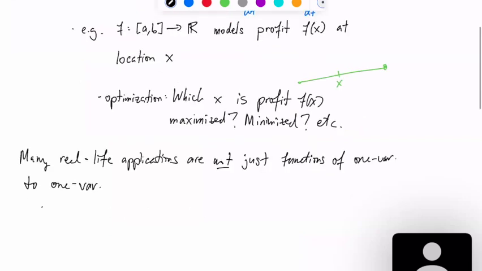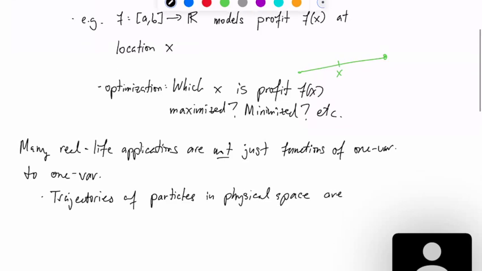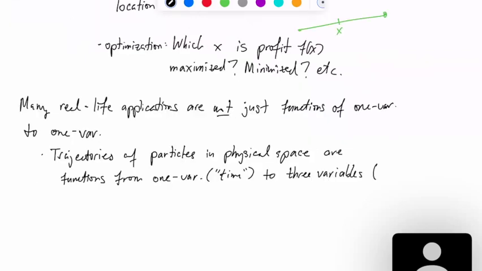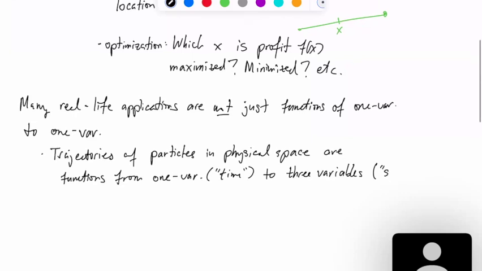So, for example, trajectories of particles, roughly speaking, are, in physical space, functions from one variable, which should be thought of as the time variable, to 3 variables. So this is in space. Maybe I'll call this XYZ space.